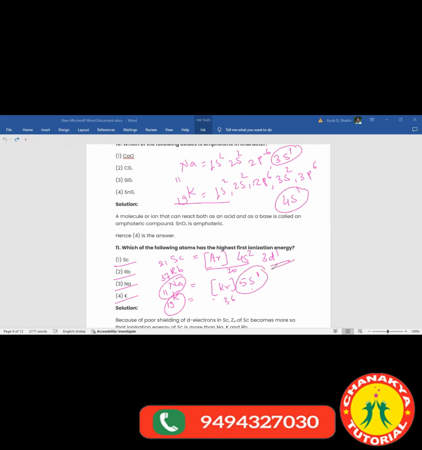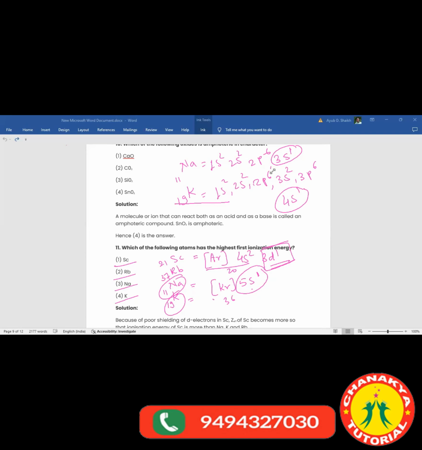But then if you see for the scandium, electrons are present in the 3d shell, right? Students, are you there with me? Check it here, what I'm telling you.